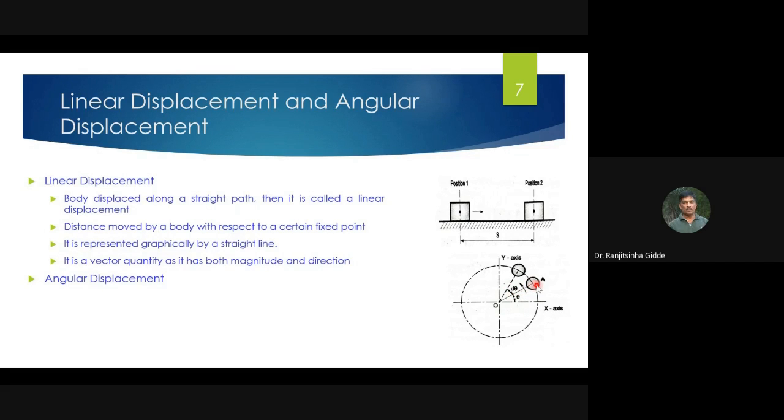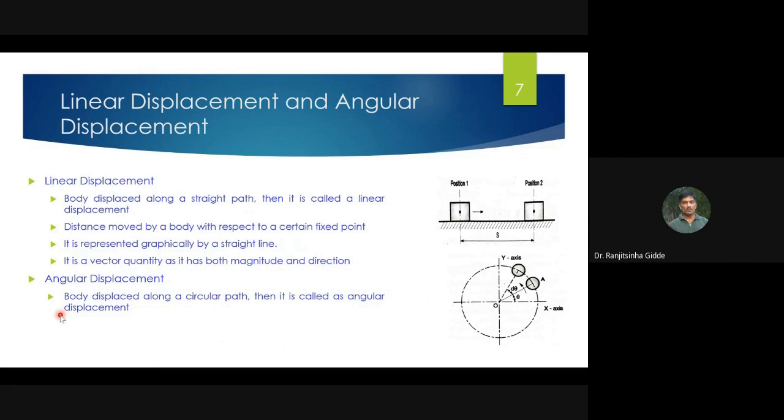So if a body moves in a curved path from this point to this point, that is called an angular displacement.